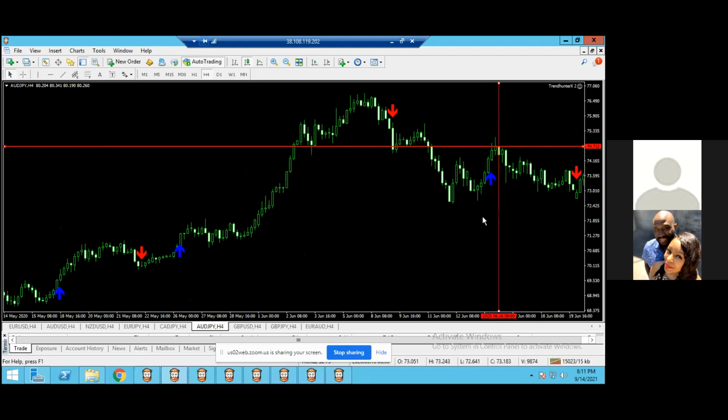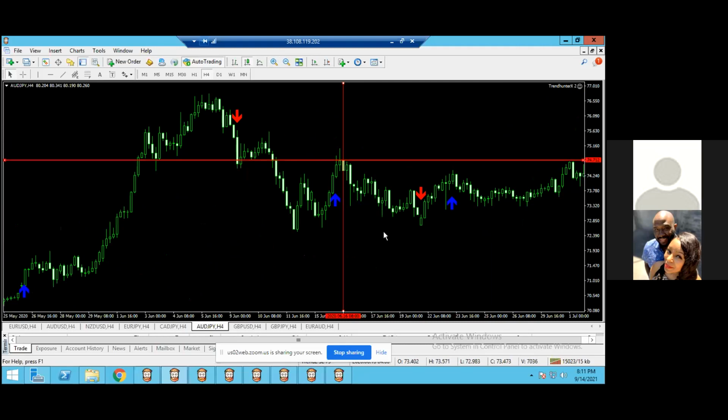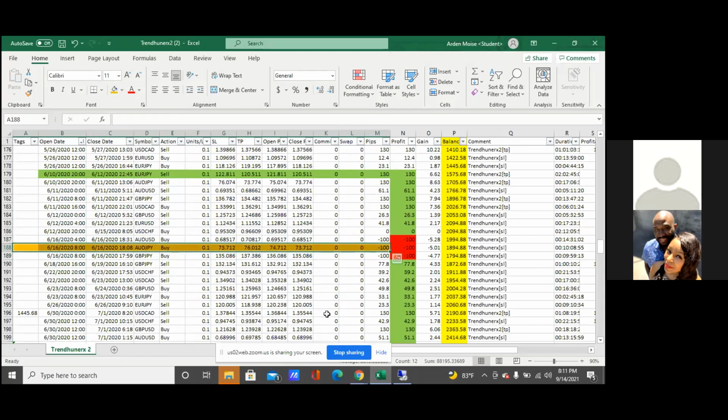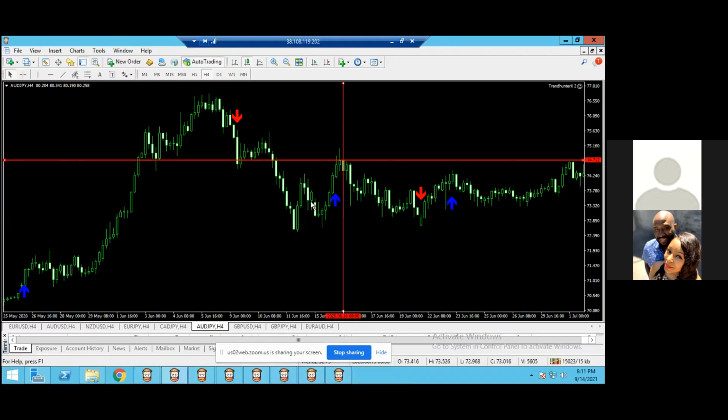Was it a buy or a sell? That was a buy. Let's see why we took the loss. Well, first of all, it took the trade right here.